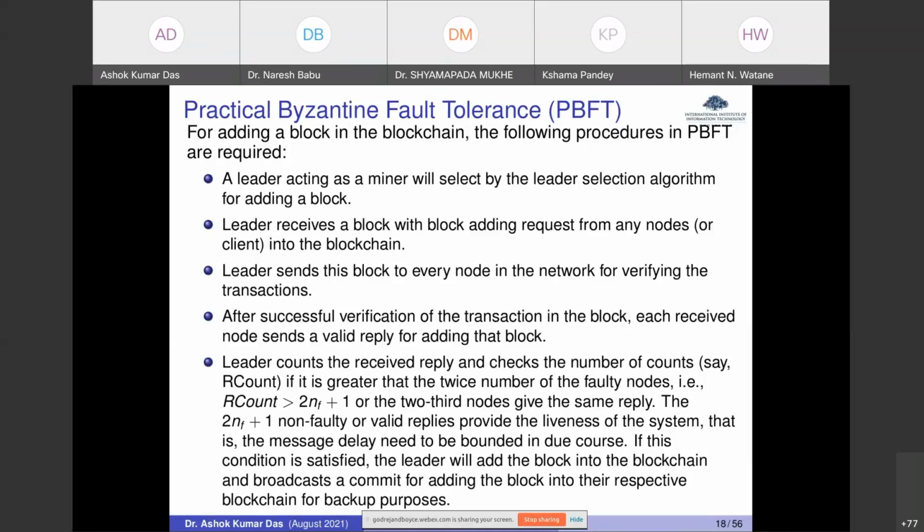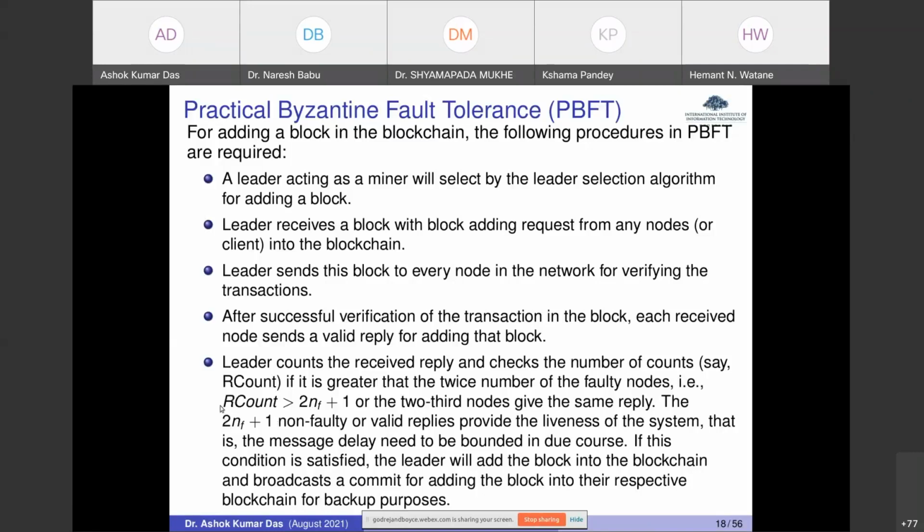Now let us assume that there are n number of nodes in a peer-to-peer network. Out of n nodes, we have NF, the number of Byzantine faulty nodes or compromised nodes in the network.